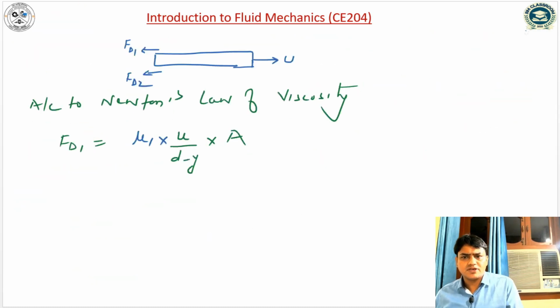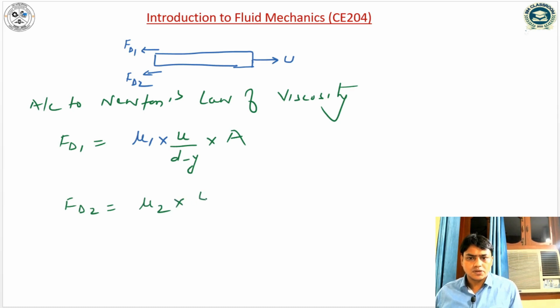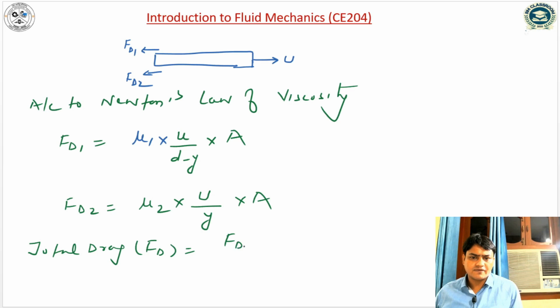Similarly, Fd2 can be written as Fd2 is equal to mu2 into u divided by y into A. So the total drag Fd can be written as Fd1 plus Fd2.